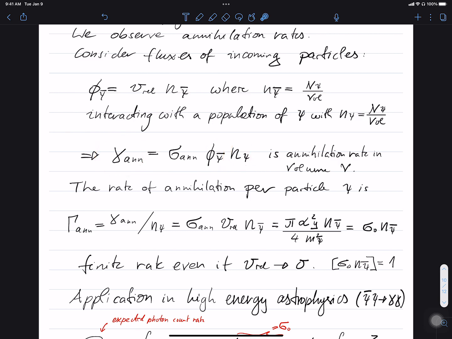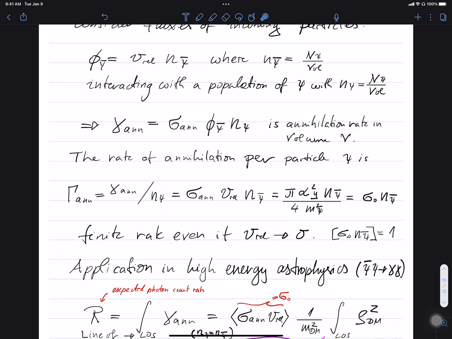And accordingly, the annihilation rate per particle psi, the probability for each particle psi to get annihilated, is this annihilation rate per volume divided by the number density of psi's, which is sigma annihilation times the v rel from the flux here. We plug in v rel times the number density of psi bars, and that cancels the v rel that was in the denominator in the cross section. This is gone.